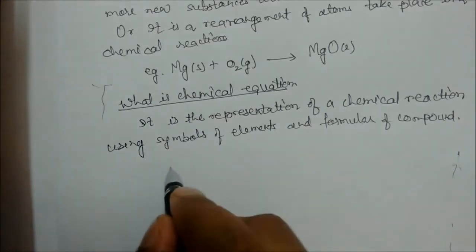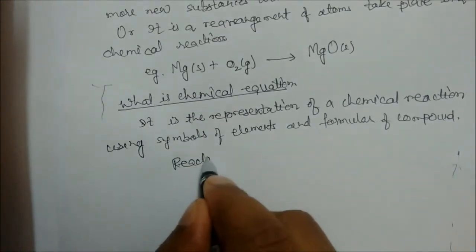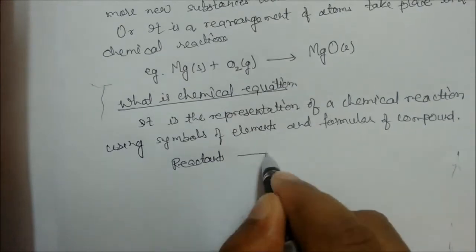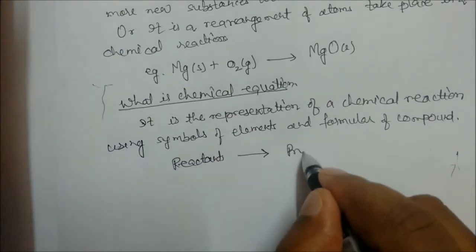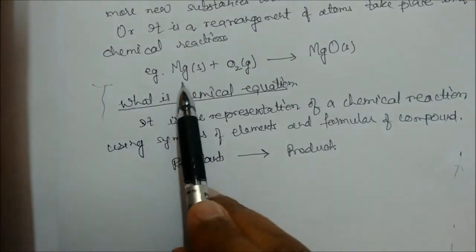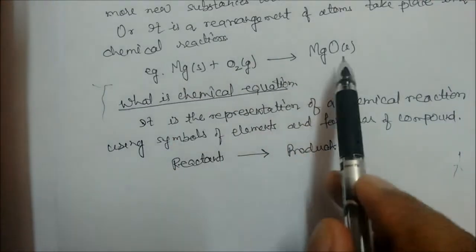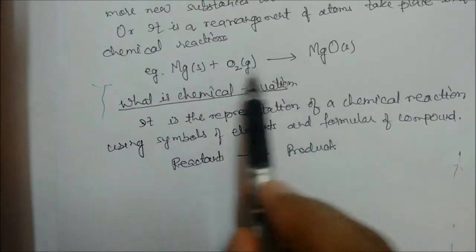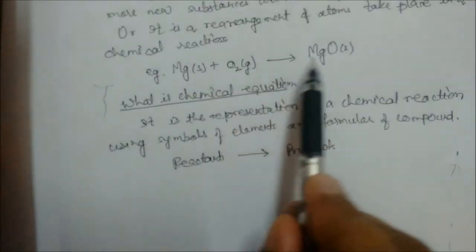So let us see, these are the reactants, and in symbolic form we are writing the products. Here we can see in the previous reaction also, magnesium, this is in equation form, so this is a representation using symbols of elements and formulas of the compounds.